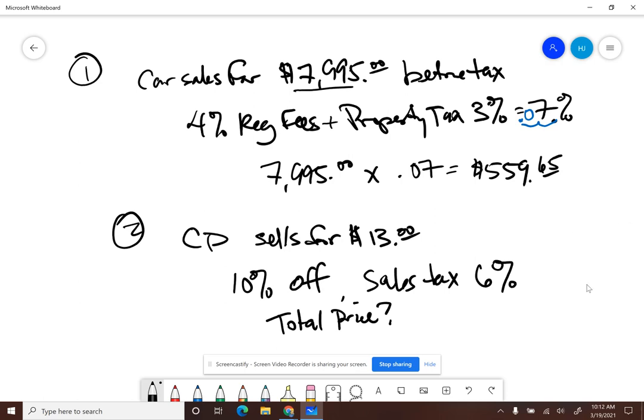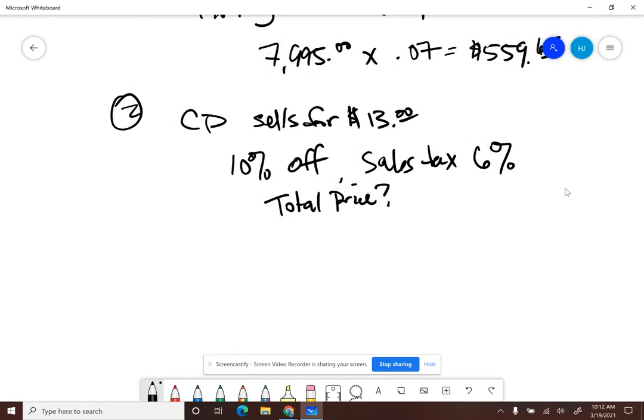Okay, so let's think about this. Number 1, my CD sells for $13 before tax or before anything else. So now I need to take 10% off of that price. So again, what would I do here? I've got to take my $13 and multiply that times 10%. Again, 10% you would write as 0.10. Need to move that decimal back 2 places. And that is going to give me $1.30.